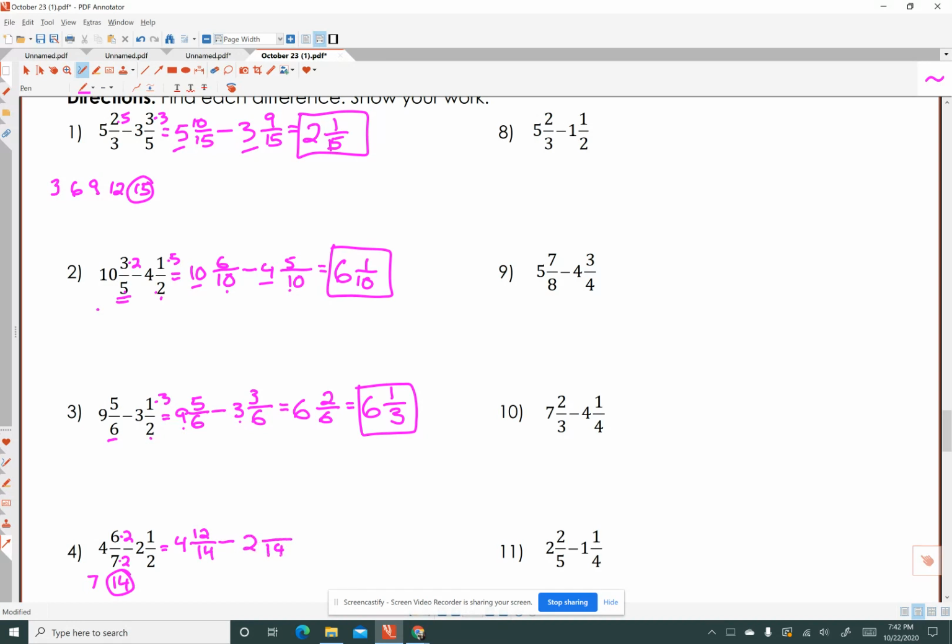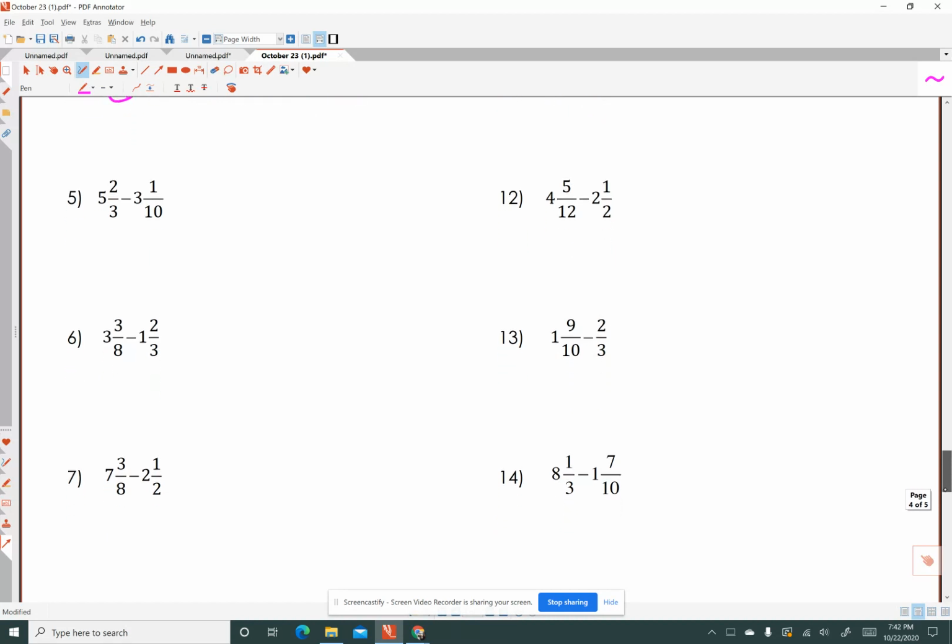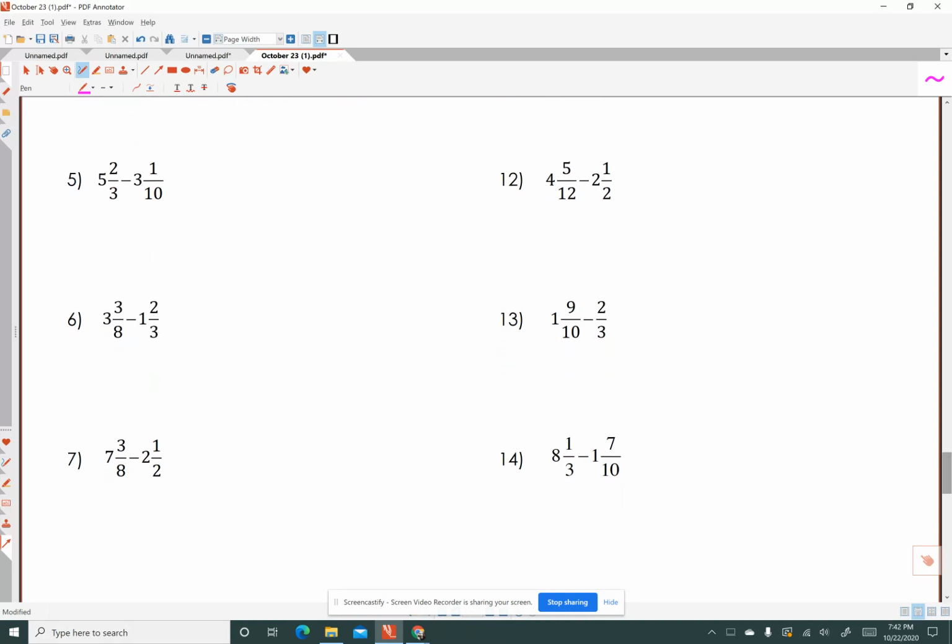And let's see how many 14ths. 2 times 7 is 14. 1 times 7 is 7. So 4 take away 2 is 2. 12 minus 7 is 5. And that's the final answer, 2 and 5/14. All right, go ahead and try numbers 5, 6, and 7, and then come back.